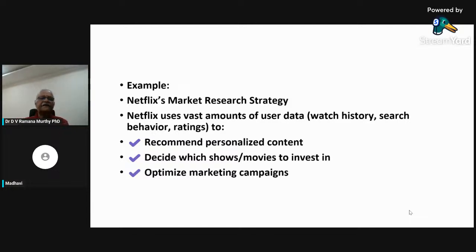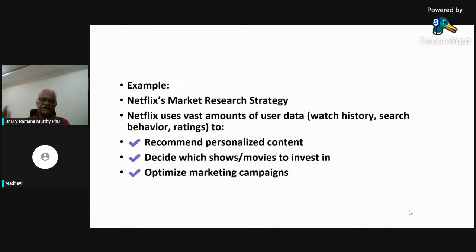Based on the data that is generated, Netflix recommends personal content, and each customer will be advised on certain movies based on the watch history, and they decide which shows or which movies to invest in, because it's a streaming platform, right?